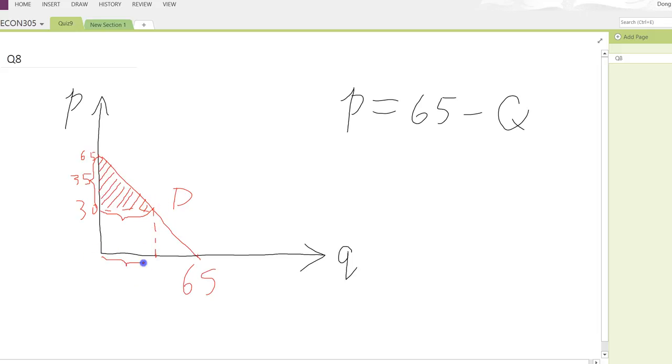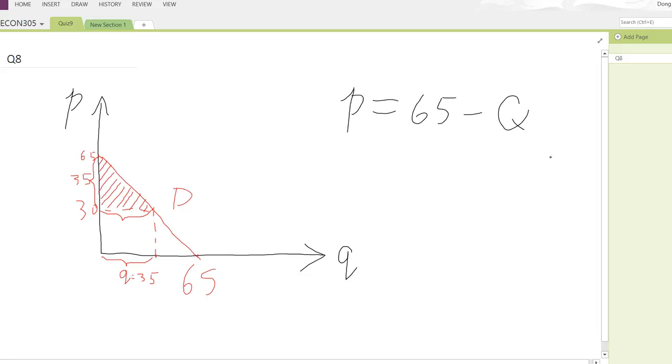The quantity when the price equals 30 should be 35, because 65 minus 35 is 30. So Q equals 35. Both the length and the height are 35.